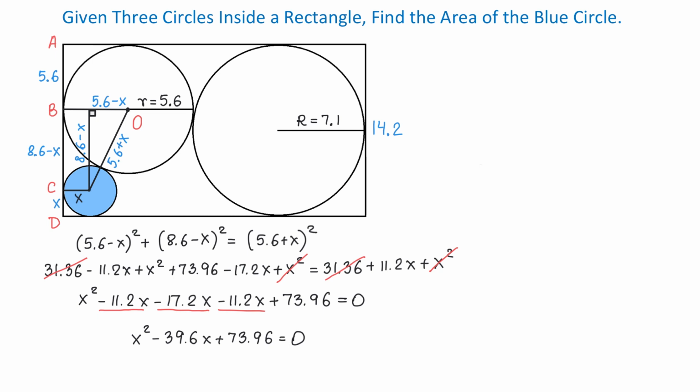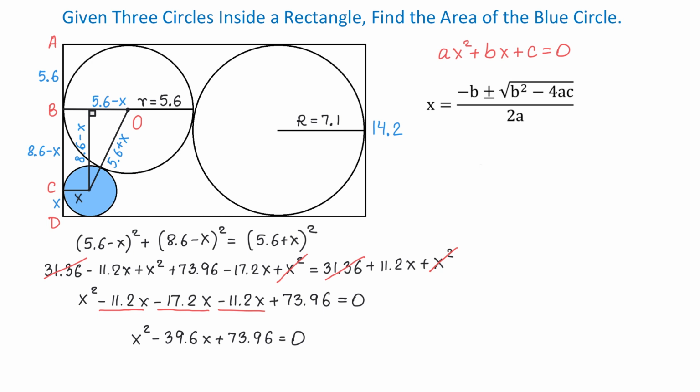So if we have a quadratic equation of the form ax squared plus bx plus c equals 0, then here is the quadratic formula that will give us the solution x. The formula is x equals negative b plus or minus the square root of b squared minus 4ac, over 2a.